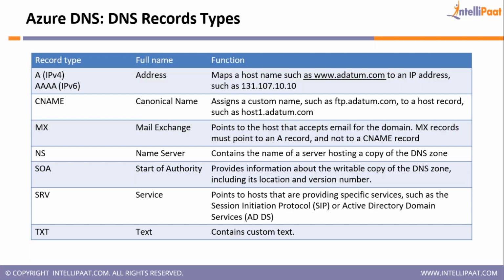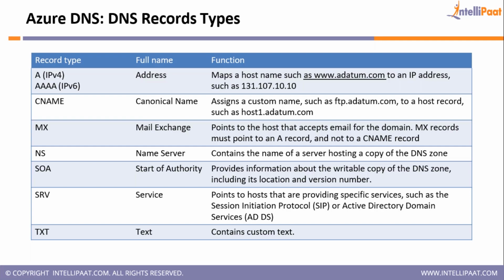In any case, both of these record types do the same function. They map a host name, for example here adatum.com, to an IP address. It can be any IP address belonging to a particular server or infrastructure that is hosting your website. This record does the task of mapping a host name to an IP address, which is what we do most of the time when we hit a web browser.